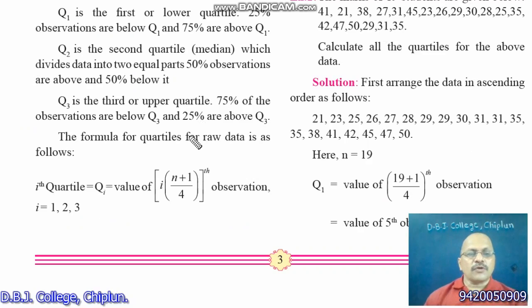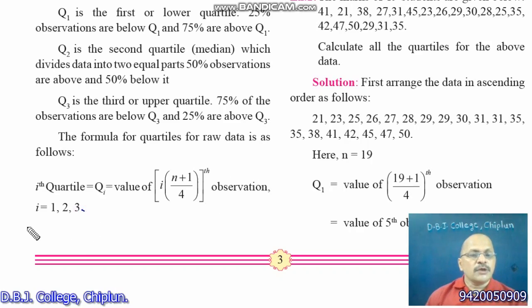The general formula to find the quartiles is given by: the ith quartile Qi is equal to the value of i multiplied by (n plus 1) upon 4th observation. i is equal to 1, 2 and 3 only.